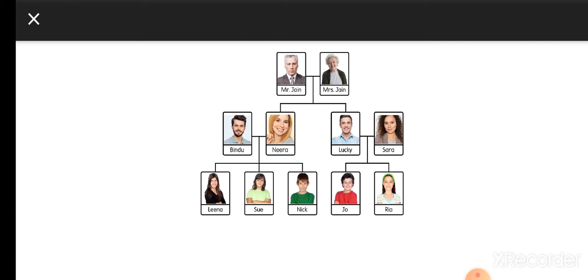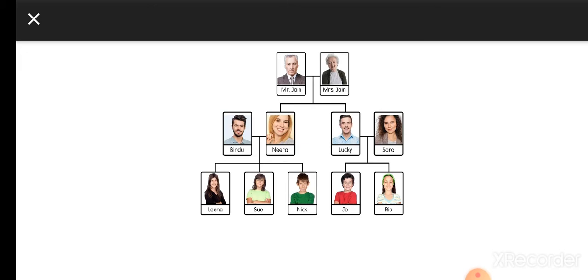So on the top we will have the grandparents. Then the middle will have the parents, and along with the parents, the brothers and sisters of your mother and father, who are of the same age group. Then there will be many children, the cousins and siblings all together. Once you observe carefully, you will understand this family tree.